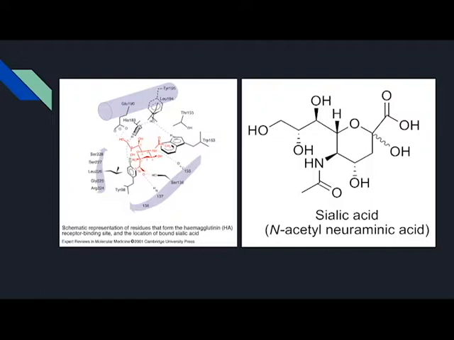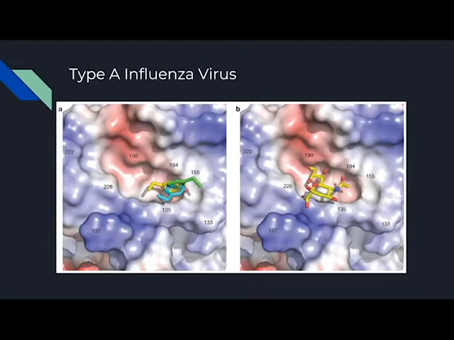So now that we understand a little bit how those function with each other, where the antibodies come into this is the antibody will be trying to imitate the sialic acid. For hemagglutinin, the main antibody that we look at in type A flu is going to be called HA7. So in this next image, you can see a little bit better the structure of the protein.